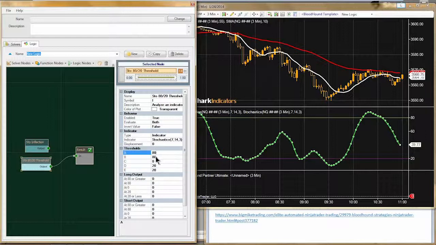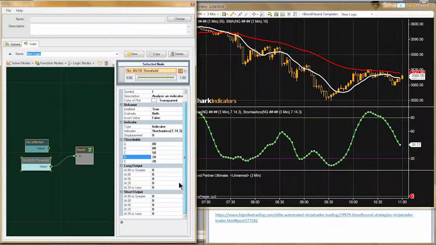Remember, all these values need to go down in descending order, right? So 0 is less than 20, so we can't have this 0 here. So I need to change that to something in the middle, so I'm going to change it to 50, just to put some kind of value in the middle.